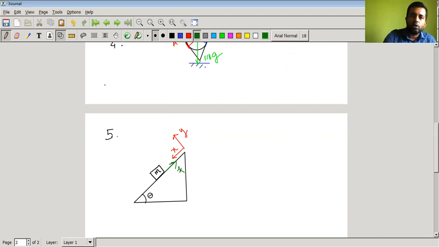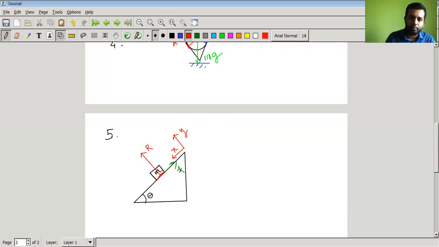Now, you also can see that this is the contact surface. So according to our knowledge, the surface will exert a normal force which will be perpendicular to the contact. So there will be a force by the inclined plane on the block, R. To remind you, here the block we are taking to be the system. So this block is our system. We are now writing the forces acting on it.